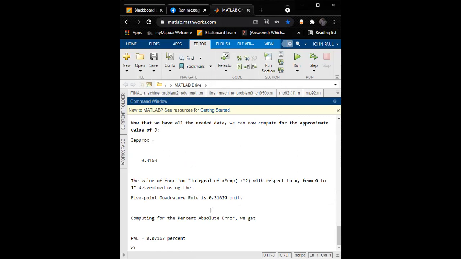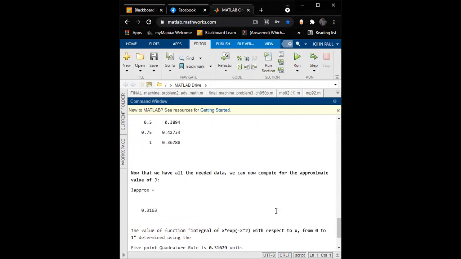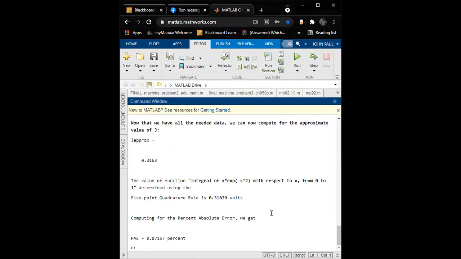Thus, our percent absolute error is 0.07167%. Again, this 5-point quadrature rule has the least percent error among the four methods.